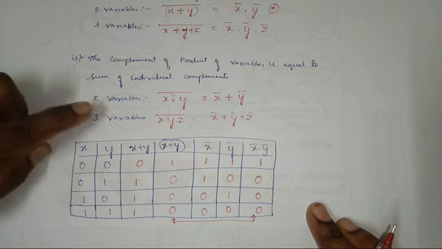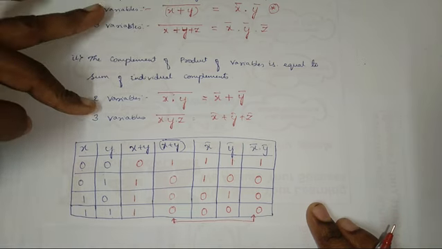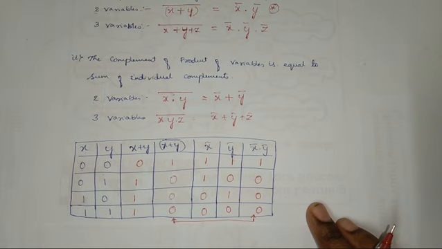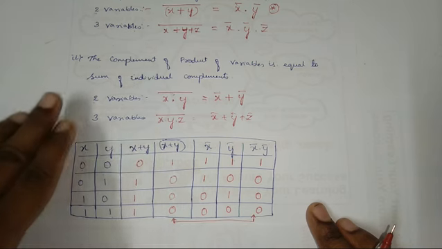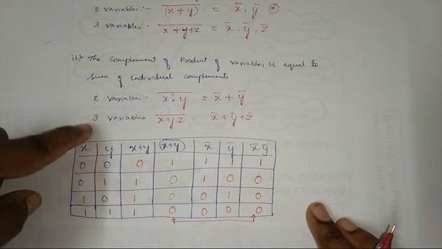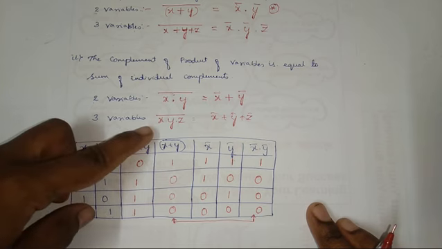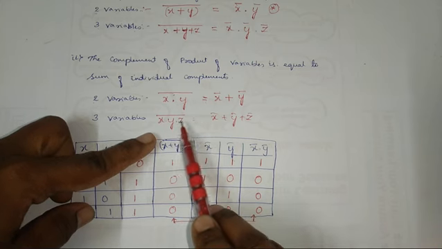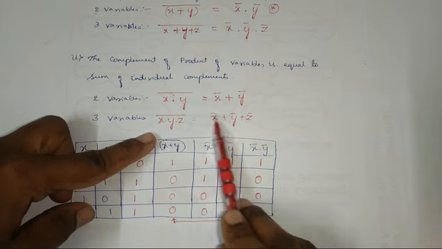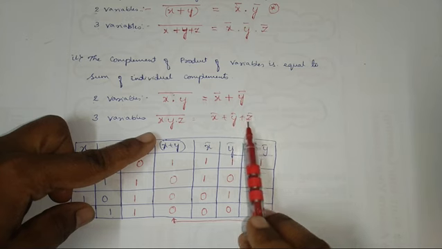This one and this one. They may ask any one form or both forms. For example, if in the exam they ask to prove for 3 variables this expression, x into y into z whole bar is equal to x bar plus y bar plus z bar.